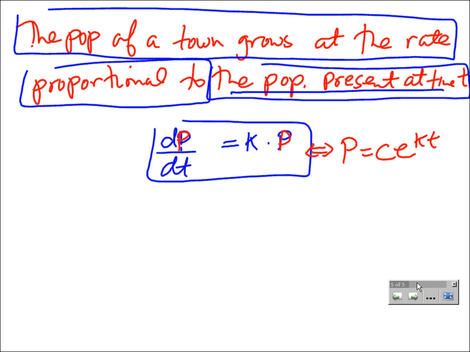Okay, and it goes on to say what the initial population is.